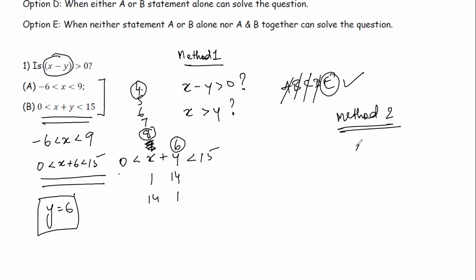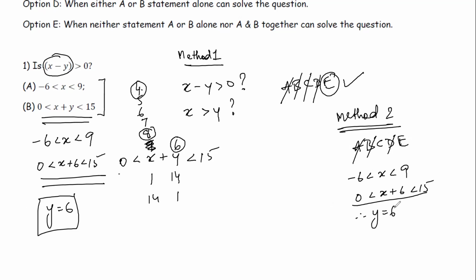I'll start with C directly. With C, minus 6 less than x less than 9. So we simplify it and add 6 throughout, so we get 0 less than x plus 6 less than 15. And therefore we know that y is 6, because when we compare this with statement B, we get y as 6.